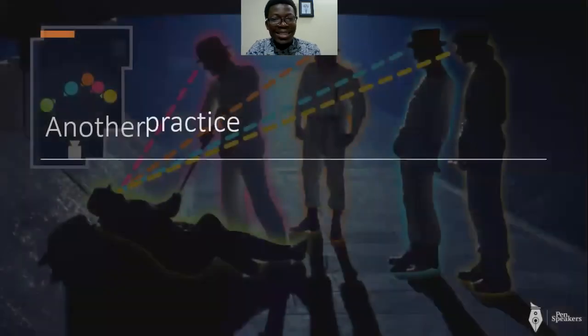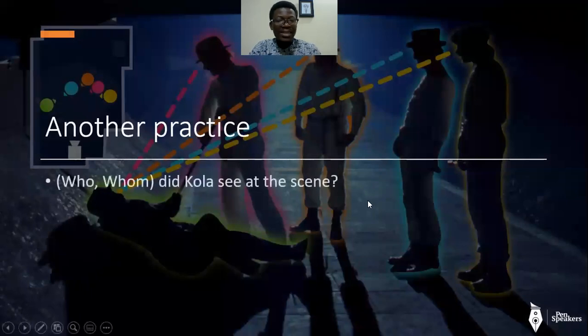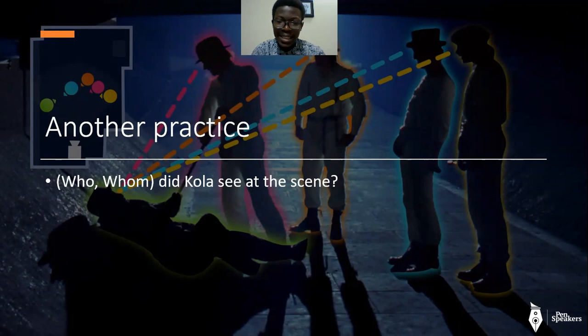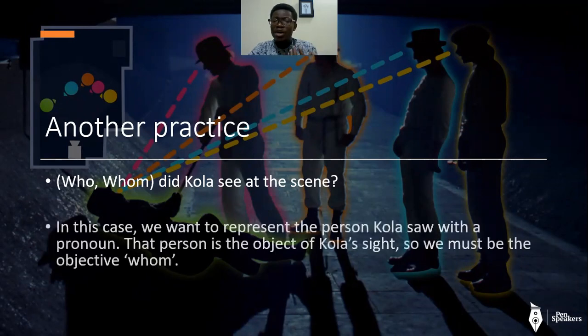But if you look at this example, this sentence says, who or whom did caller see at the scene? In this particular example, caller is the one performing the action, pardon me. Caller is the subject of the sentence. What we're looking to represent is the caller's sight. Caller saw some people.